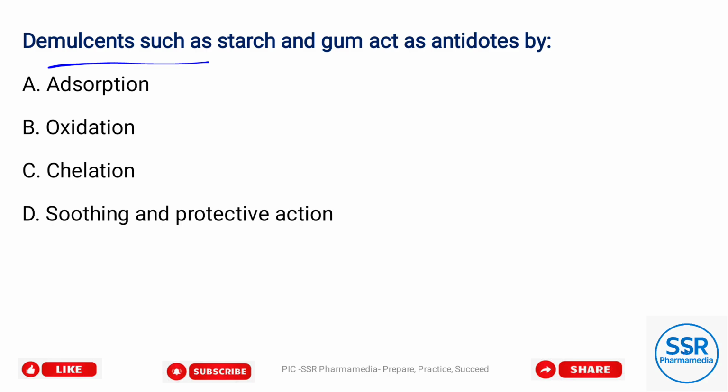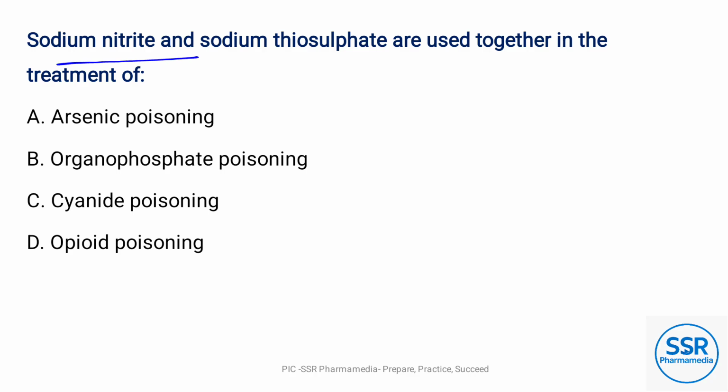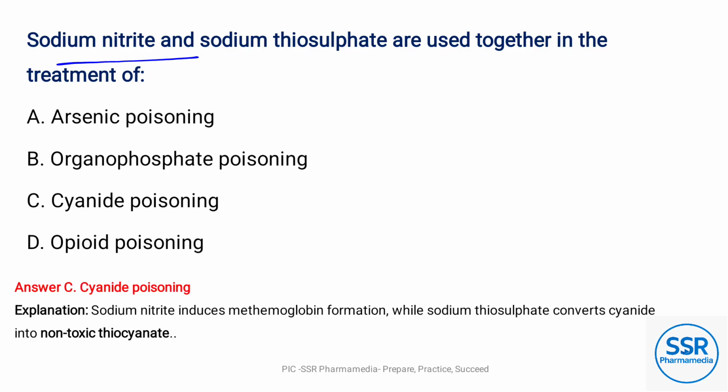Demulcents such as starch and gum act as antidotes by, option D, soothing and protective action. Sodium nitrite and sodium thiosulfate are used together in the treatment of, option C, cyanide poisoning.